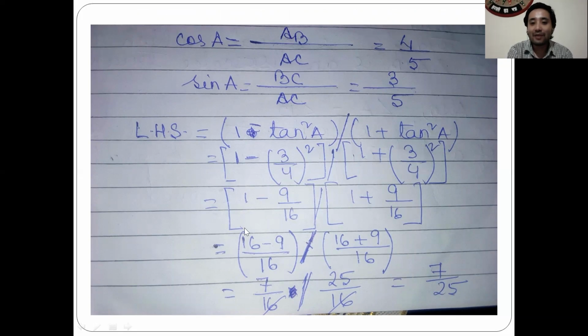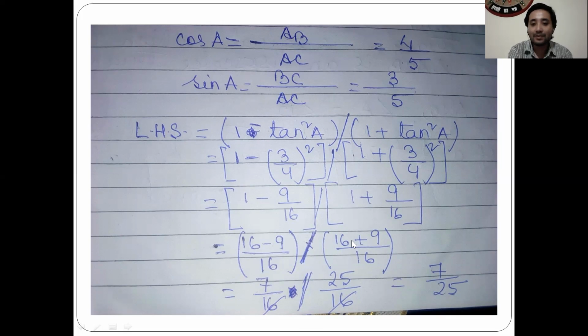Then what I will do, I will take LCM. I think all of you are acquainted with LCM. If you don't know, what is the denominator here? 1 and 16. What is the LCM? 16. 1 times 16 is 16. Then minus 9, so 1 into 16 is 16. 16 minus 9 is 7 divided by 16.